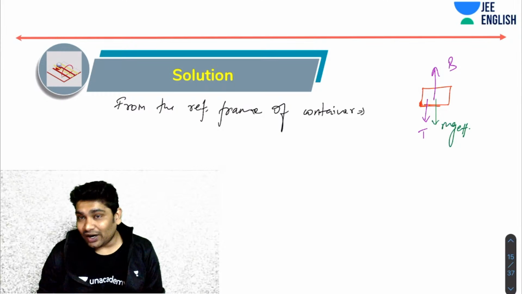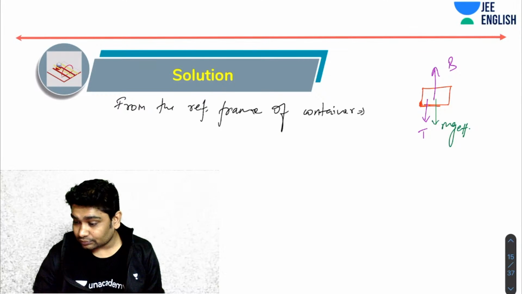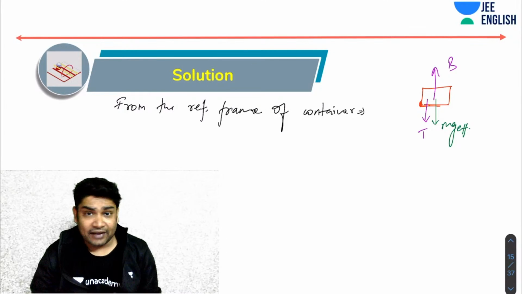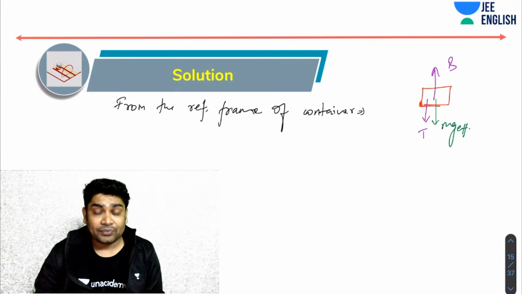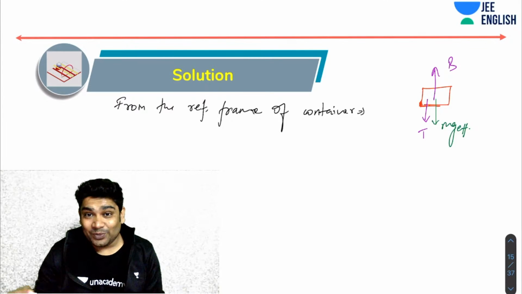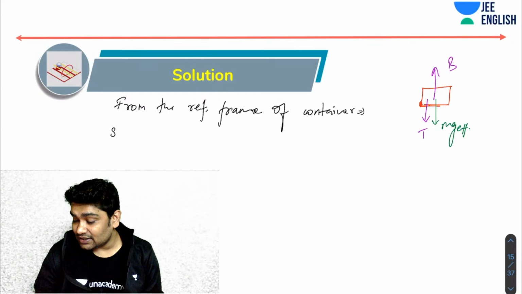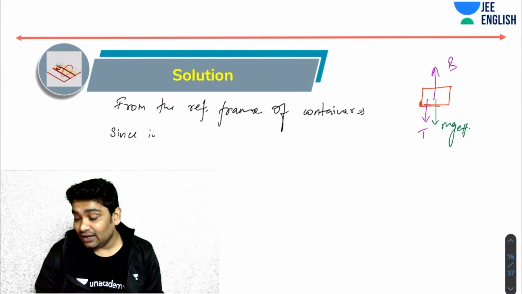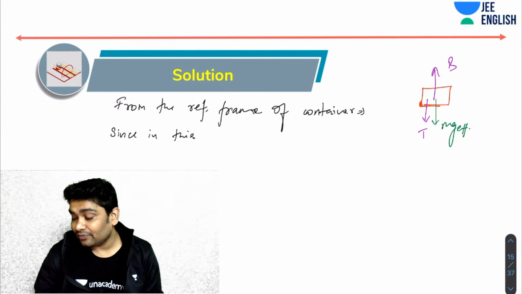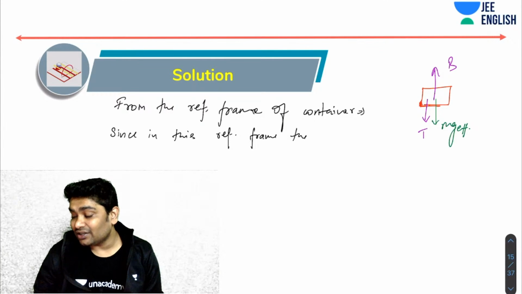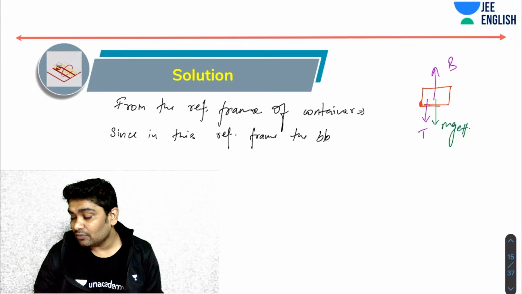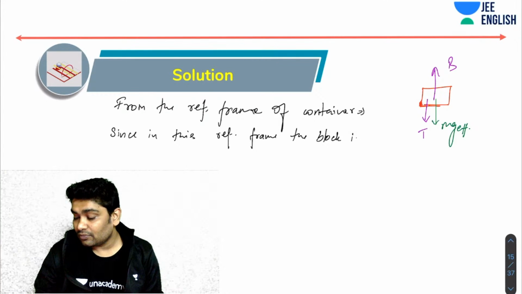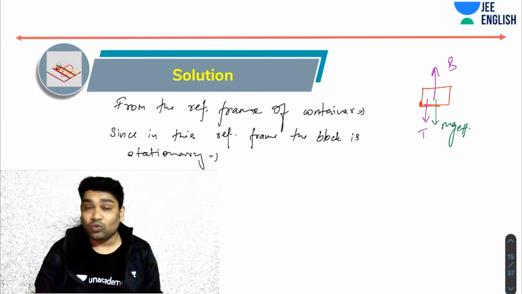What I'll realize is that in this reference frame I should see my block to be stationary. So since in this reference frame the block is stationary, what do I expect?